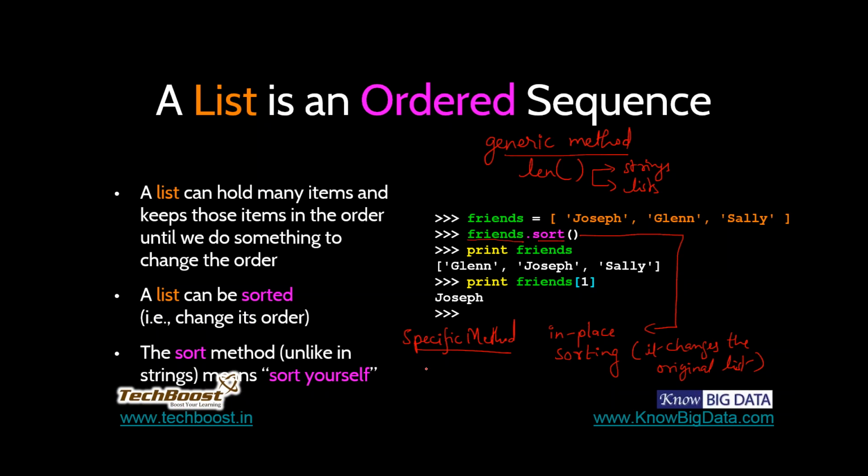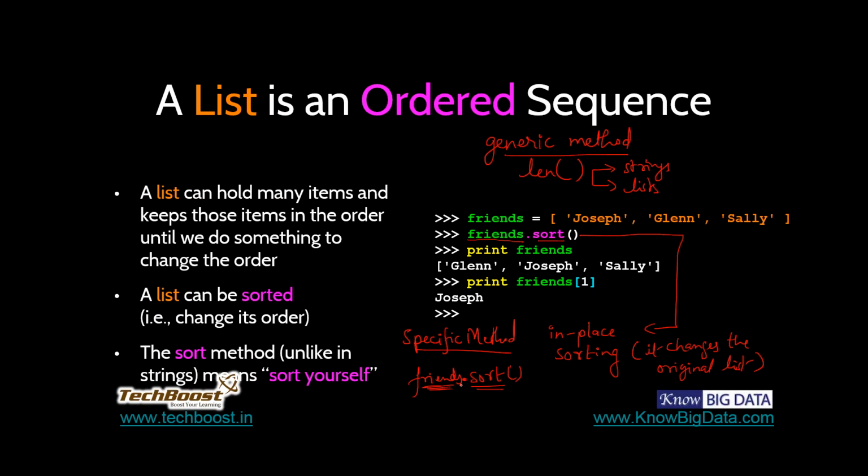So see the usage of it. We're using it with dot notation. Remember the dot notation: friends dot sort. And hence we are telling that sort is a method available in the list object.